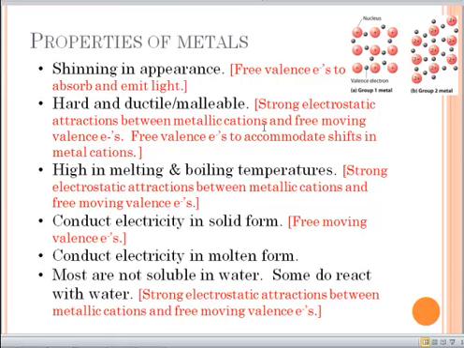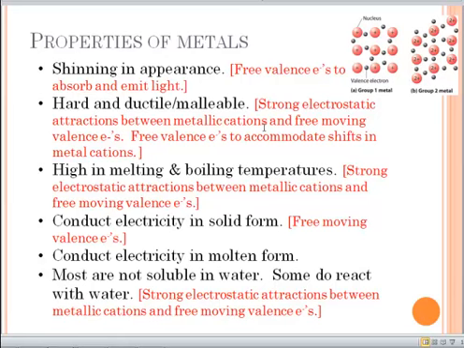That enables metals to be ductile and malleable. High melting and boiling temperatures are attributed to the very strong electrostatic attraction between metallic cations and the free-moving valence electrons.